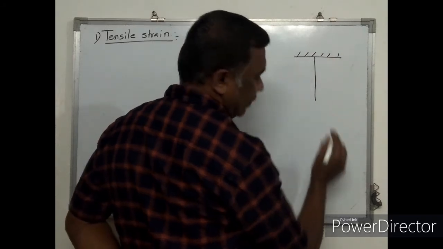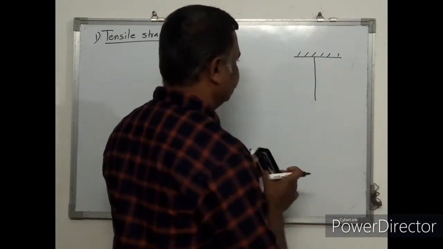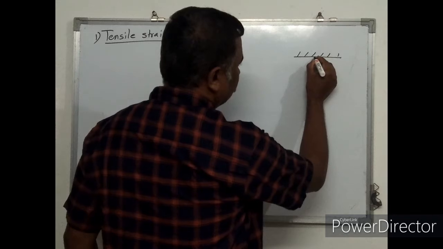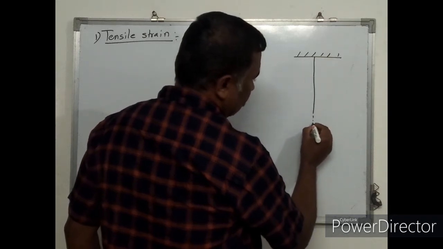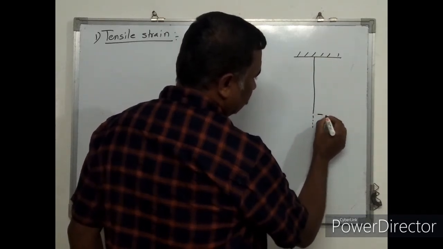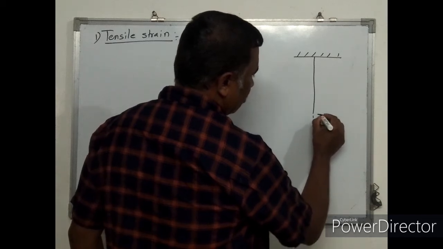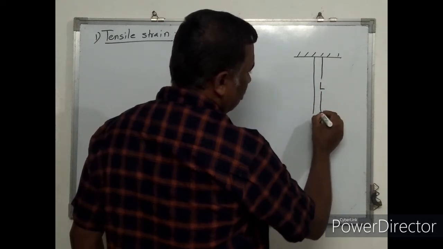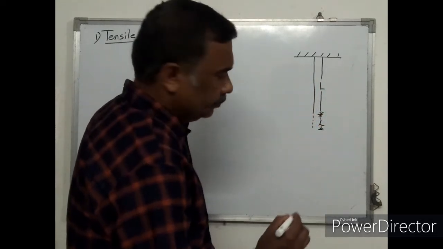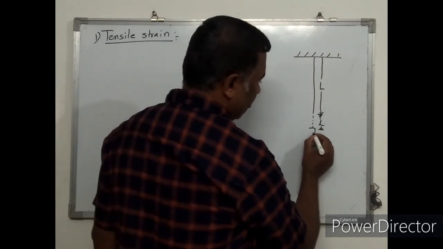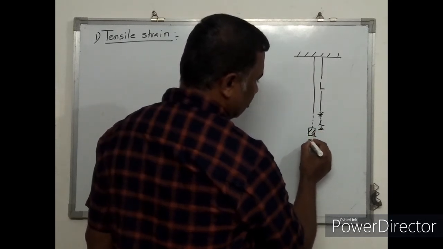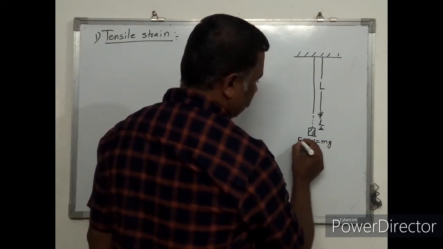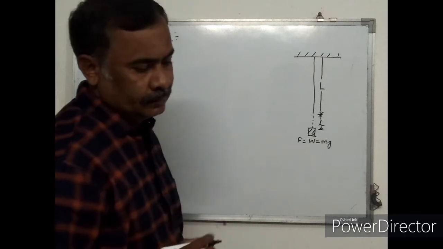Then take a wire of length capital L, then change in length small l, due to applied force or weight, that is W is equal to mg, that is force, right?